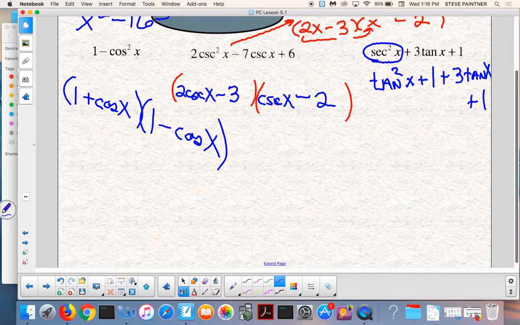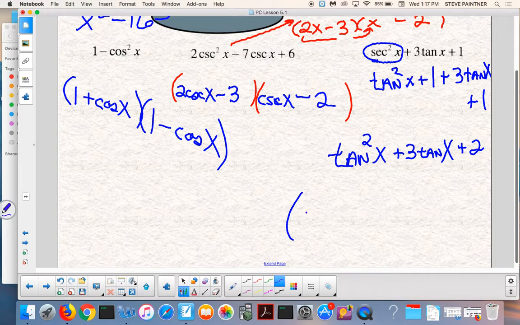Okay. Well, now that's going to be tangent squared plus 3 tangent of x plus 1 makes plus 2. Doesn't this look like the previous problem I just did with you? Think about it. You need factors of 2 that add up to 3. That should be an easy one for us. I think it's got to be tangent of x times tangent of x, right?